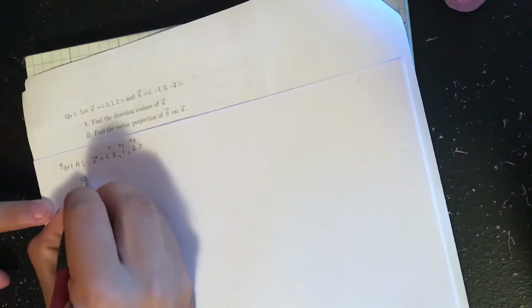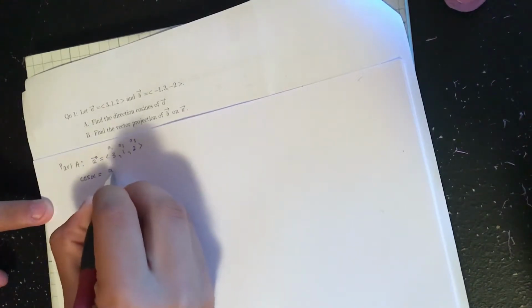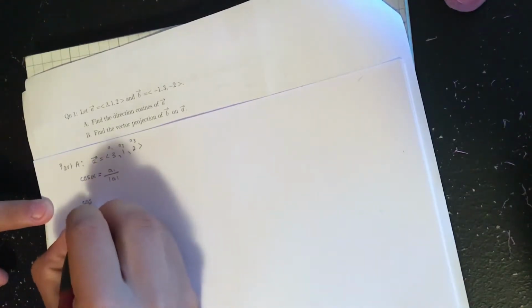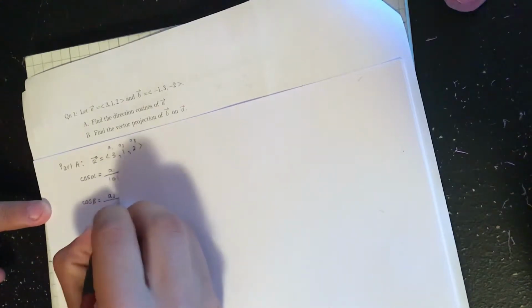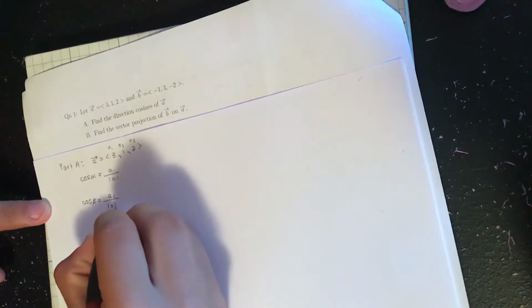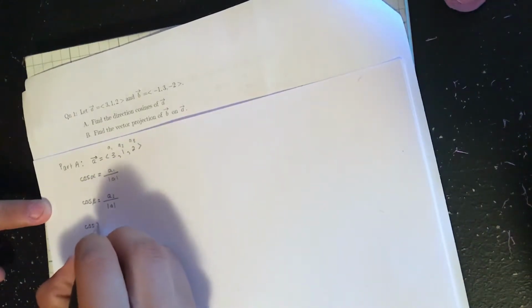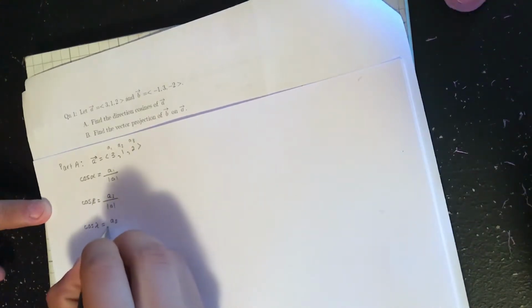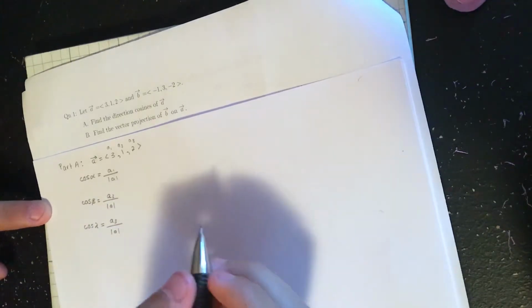So for cosine of alpha, we have A1 over the magnitude of vector A. For cosine beta, we have A2 over the magnitude of vector A. And for cosine lambda, we have A3 over the magnitude of vector A.